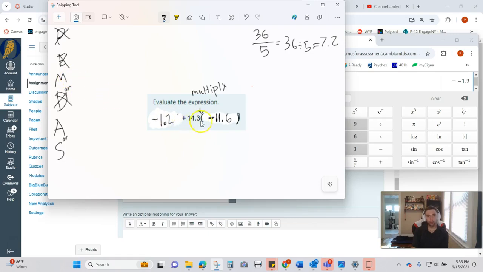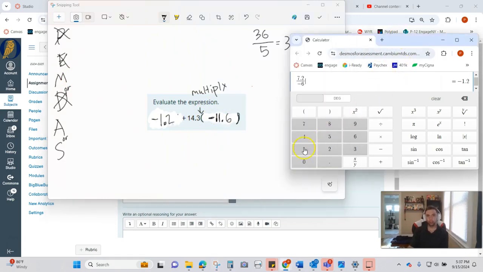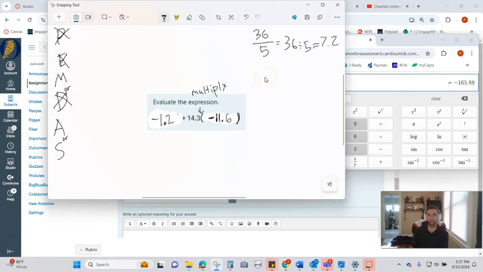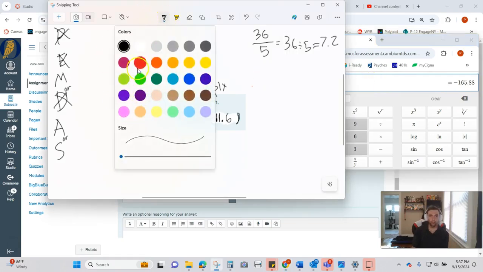And now let's multiply. 14.3 times negative 11.6. Calculator, help us out, please. 14.3 times negative 11.6 is negative 165.88. So let's smudge out what we just solved for.